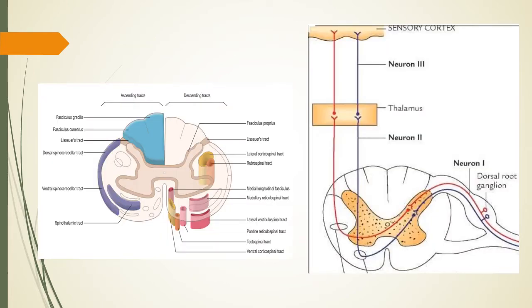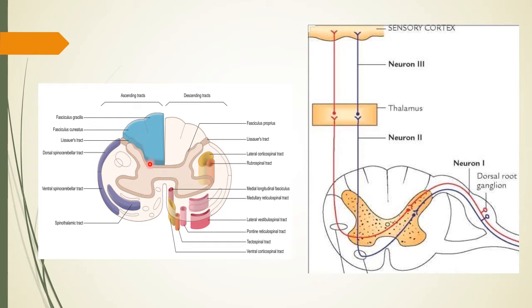In this diagram, we can see the arrangement of ascending tracts within white matter columns of the spinal cord. Both ascending and descending tracts are present on both sides, but in this diagram the ascending tracts are shown on the right side, and we can see the tracts which are present in the anterior white column, then the tracts present in the lateral white column, and then in the posterior white column.